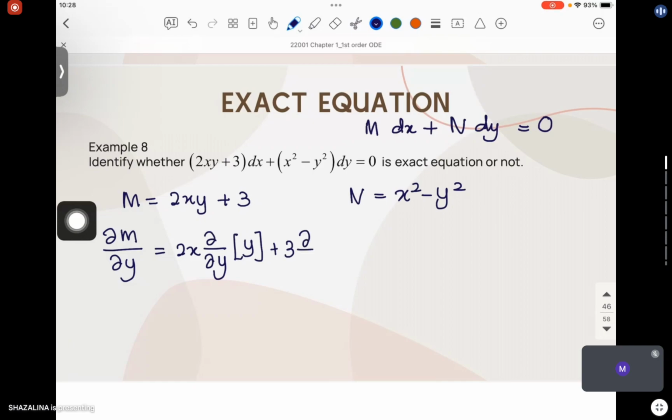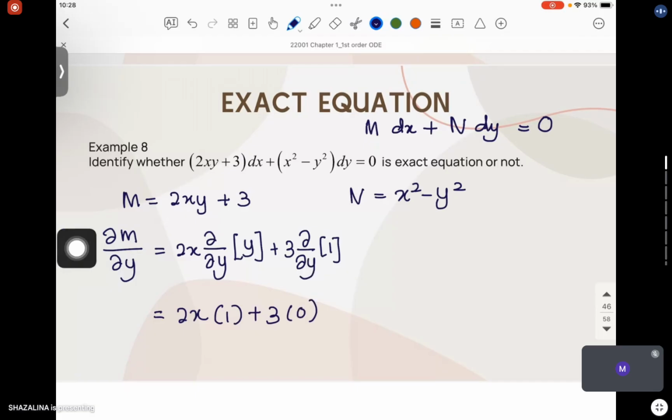Keluarkan. Then we need to differentiate, differentiate apa? 3 ni darab dengan apa? Tak ada y. But differentiate 1. Okay, perform the differentiation. 2x differentiate y power of 1 is 1, plus 3 differentiate constant is 0. So simplify, 2x plus 0. So 2x je lah.